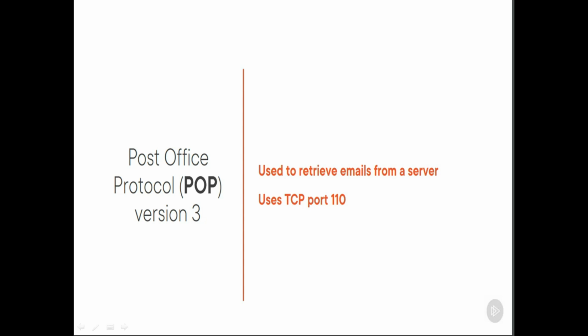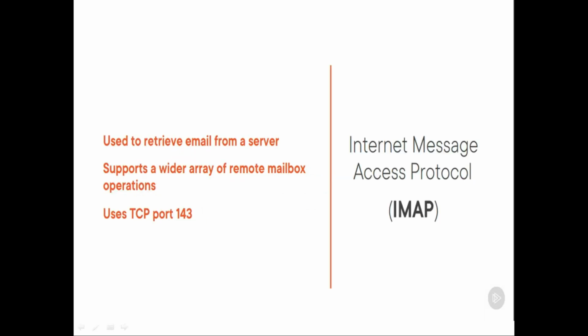So let's move to the next protocol. Next protocol is Internet Message Access Protocol, IMAP, used to retrieve email from a server, supports a wider array of remote mailbox operations, uses TCP port 143.